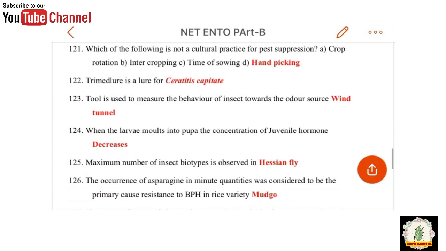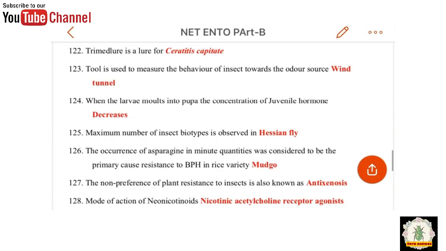So this was the Mudgo rice variety. The non-preference of the plant resistance to insects is known as antixenosis. This is another name for the non-preference.